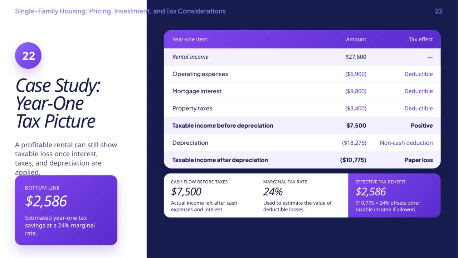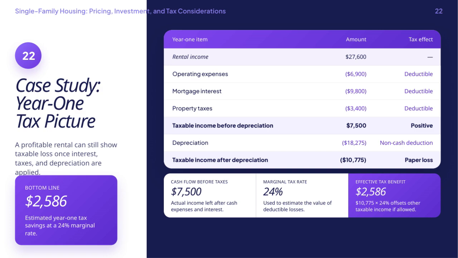Now, depreciation is a non-cash deduction, meaning it reduces taxable income without affecting actual cash flow. In this case, depreciation amounts to $18,275. When we apply depreciation, the taxable income moves from a positive $7,500 to a negative $10,775.